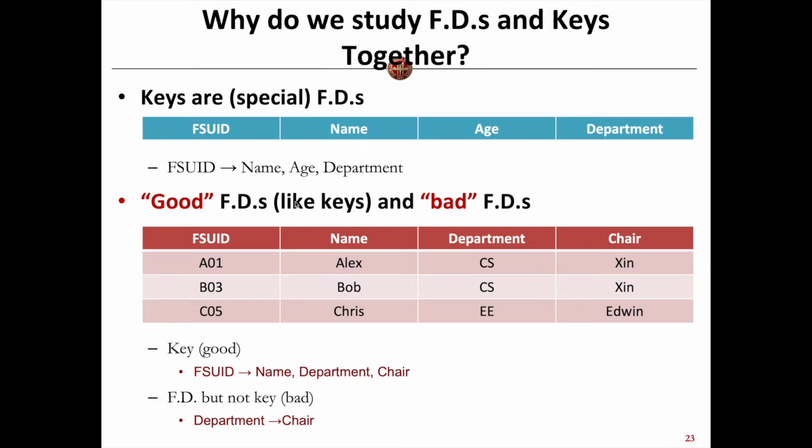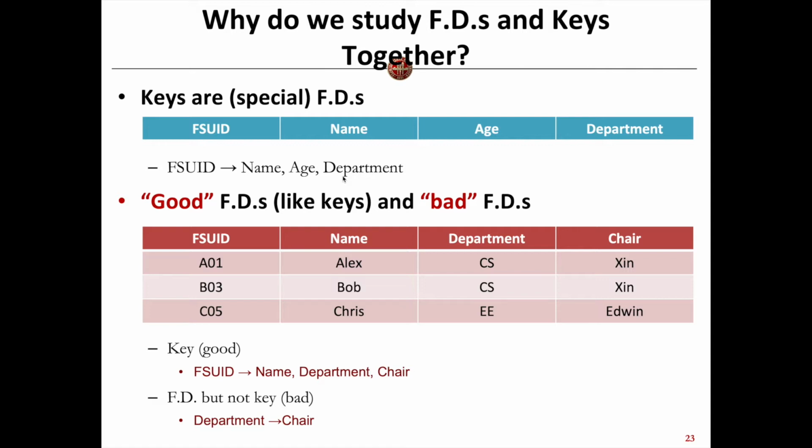For example, if we have a relation about the students in the FSU with FSU ID, name, age, and department, then we can derive a special FD, right? Because we know the FSU ID is a key. According to the definition of key, we know FSU ID can imply name, age, and department, these attributes in the relation. So keys are a special FD, and they can also be very useful.